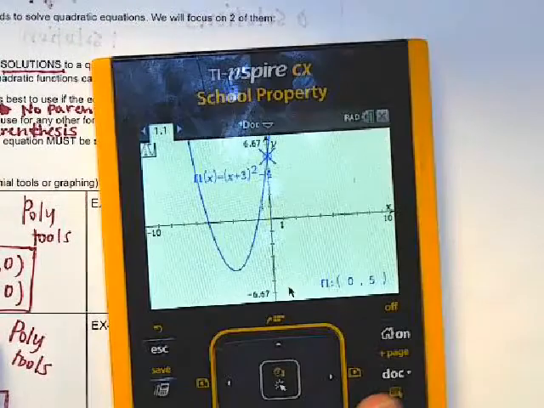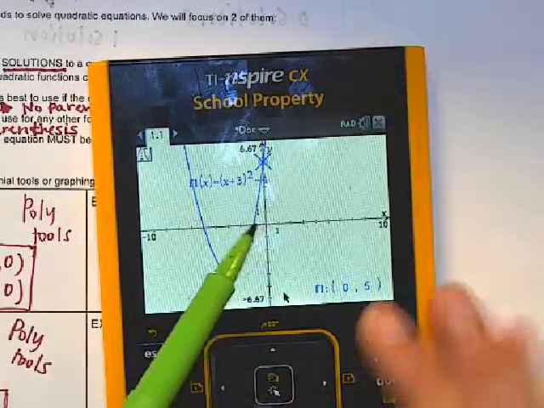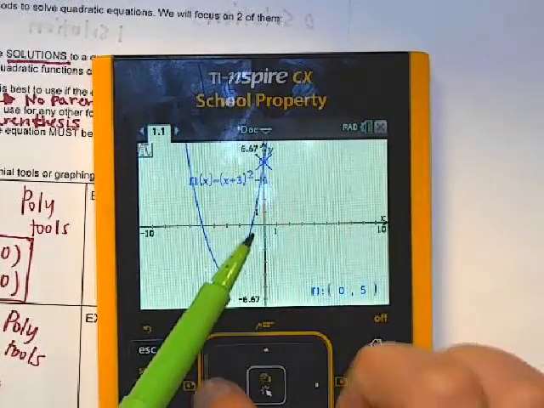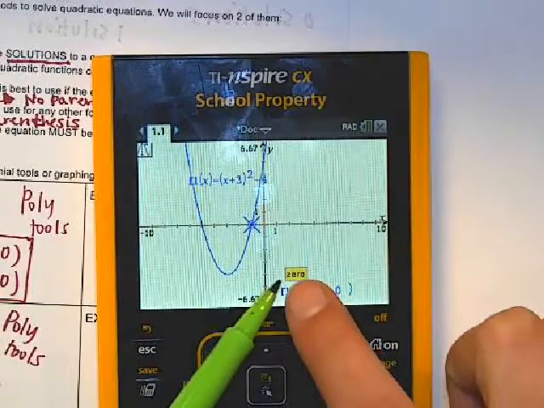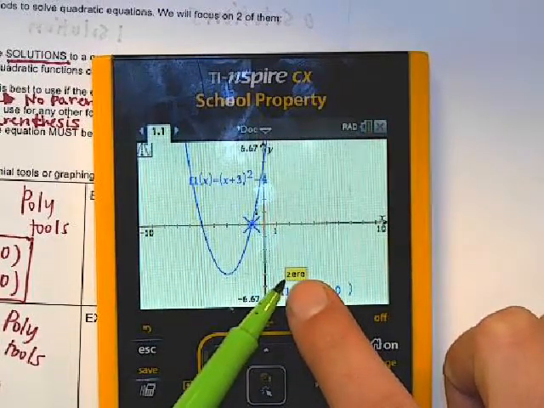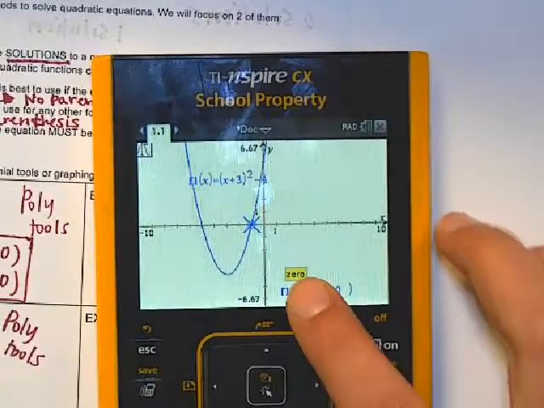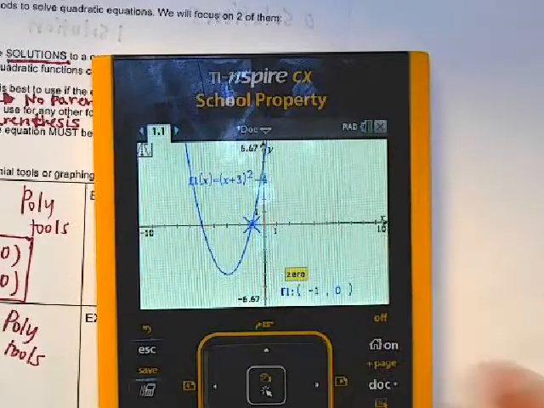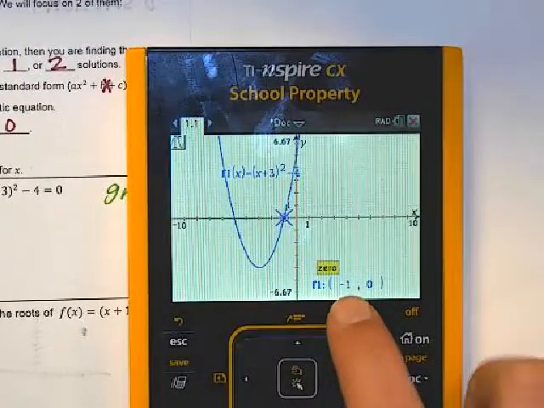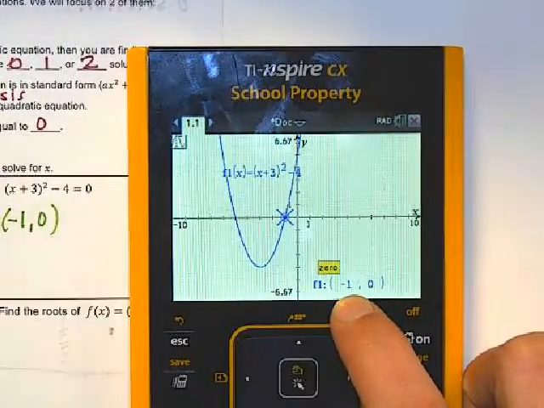I want to move this X to my X-intercept. That's to the left, so I'm going to hit the left button. And then look what pops up. Does everybody see this right here? 0. What does 0 mean? X-intercept. Zeros is part of my rocks, which means X-intercept. So my first X-intercept is this ordered pair right here, -1, 0.